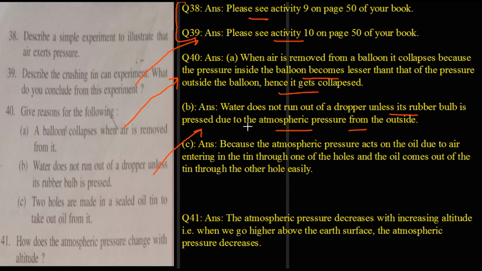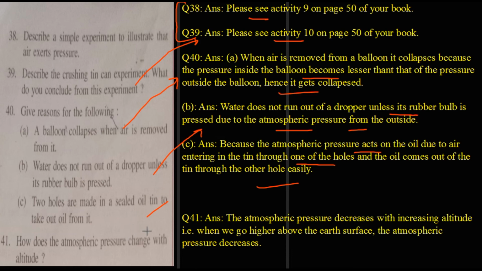Next is C. Two holes are made in a sealed oil tin to take out oil from it because the atmospheric pressure acts on the oil due to air entering the tin through one of the holes, and oil comes out of the tin through the other hole easily. When air comes inside the tin by one hole, the atmospheric pressure will make the oil move outside from the other hole easily.